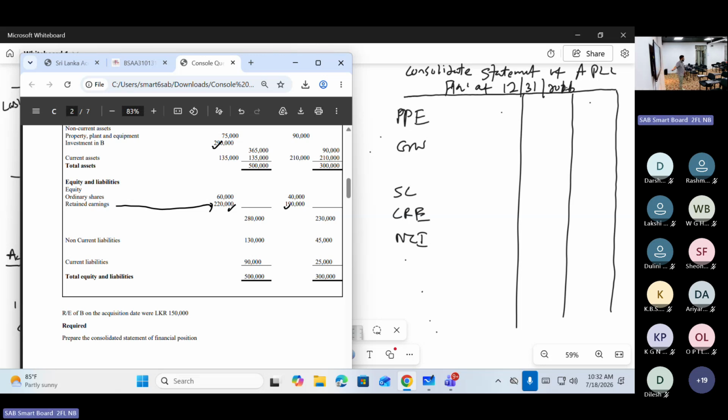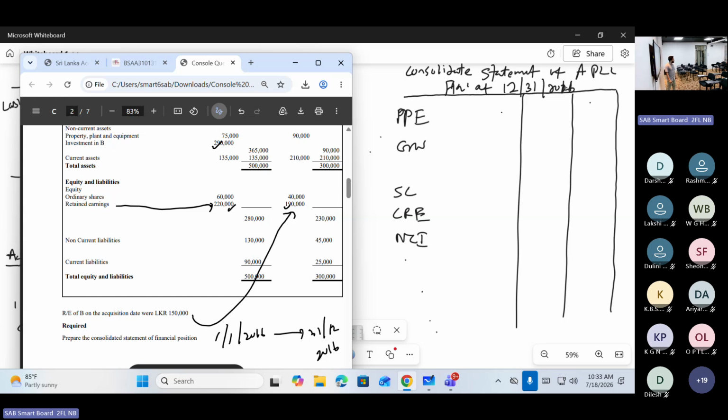Where are the retained earnings at the acquisition date? 150. By the year end it has become 190. The acquisition date is first January 2016, and this is as at 31st December 2016.